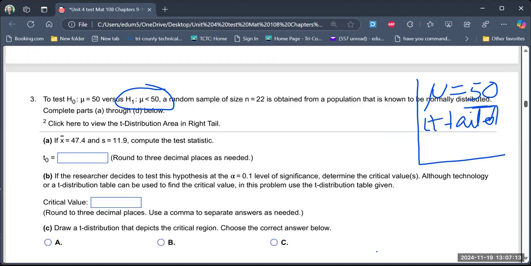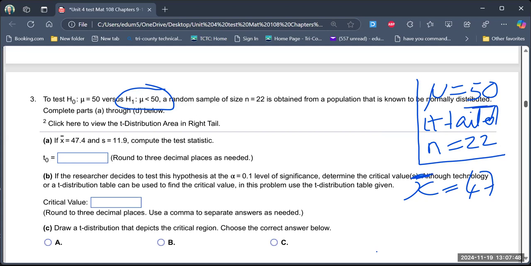Okay, so left-tailed, and I'm given that sample size is 22. 22 is less than 30. So this is a candidate for t-test. It's obtained from a population that is known to be normally distributed. Actually, they also told me t-distribution. That was an easy question though. And anyway, so X bar is from a sample.